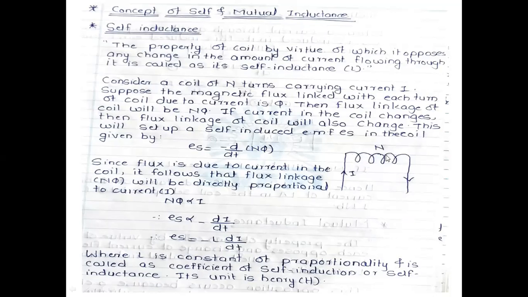That induced EMF is produced by changing the same current. When the same coil's current changes and an EMF is induced, that induced EMF is called self-induced EMF.